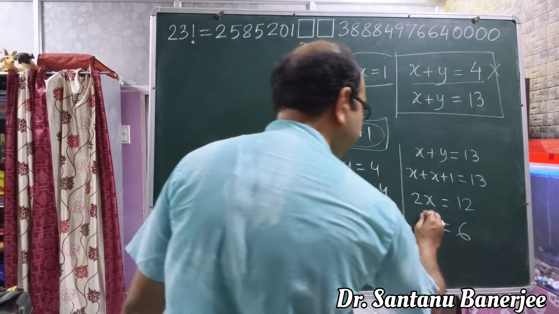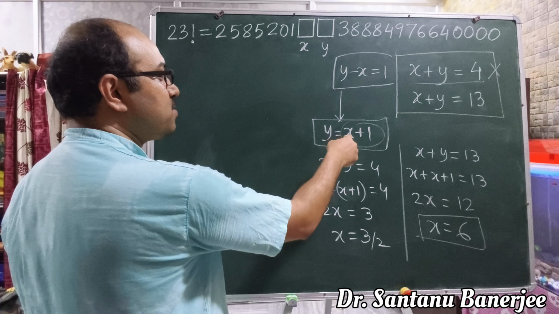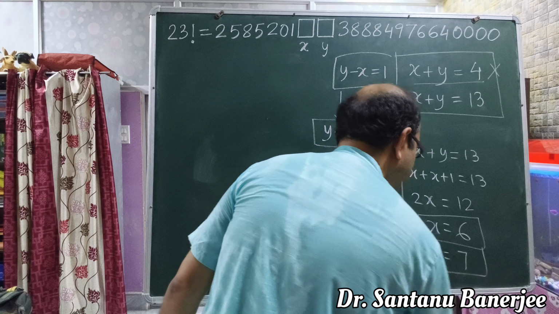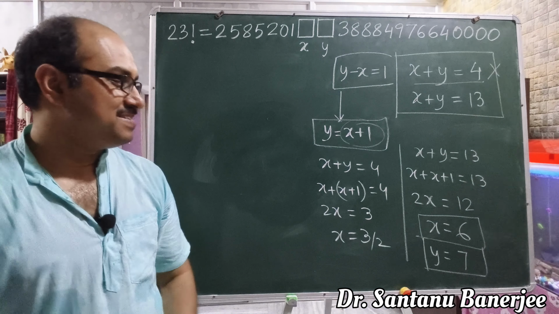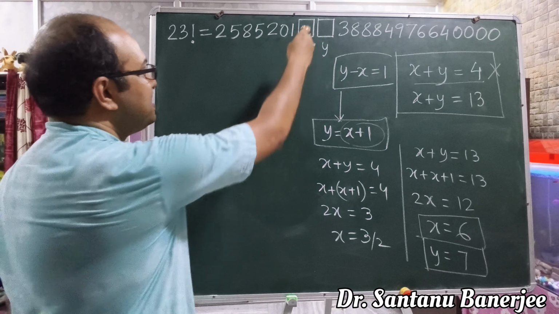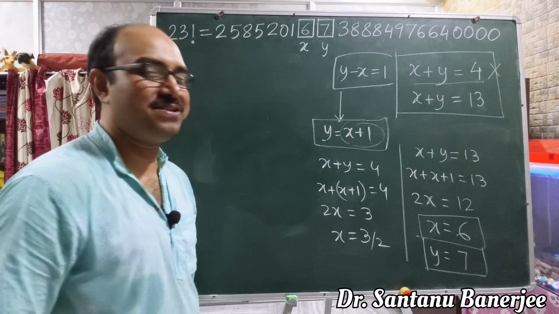If x is equal to 6, put the value of x over here, y equal to 6 plus 1, that is y equal to 7. So you have got the values of x and y, 6 and 7. So these two missing digits will be 6 and 7.